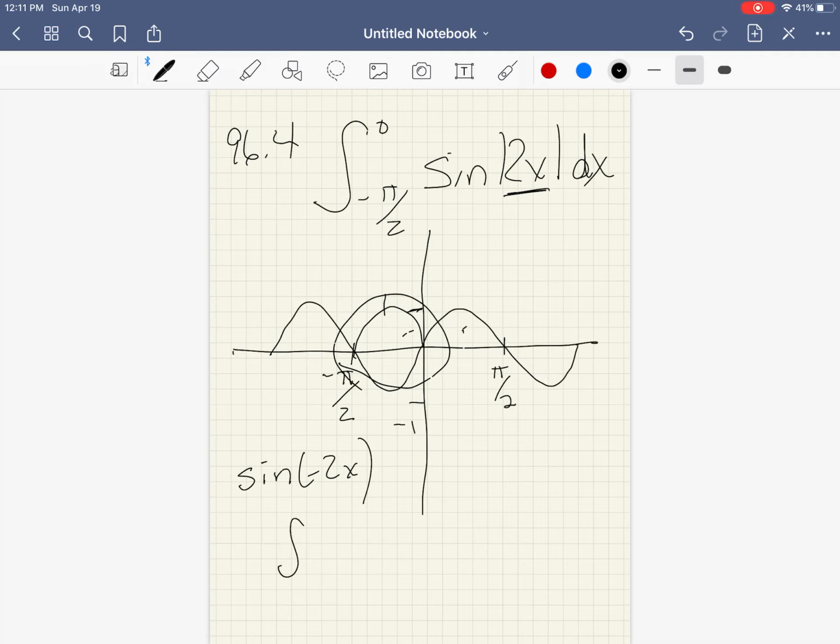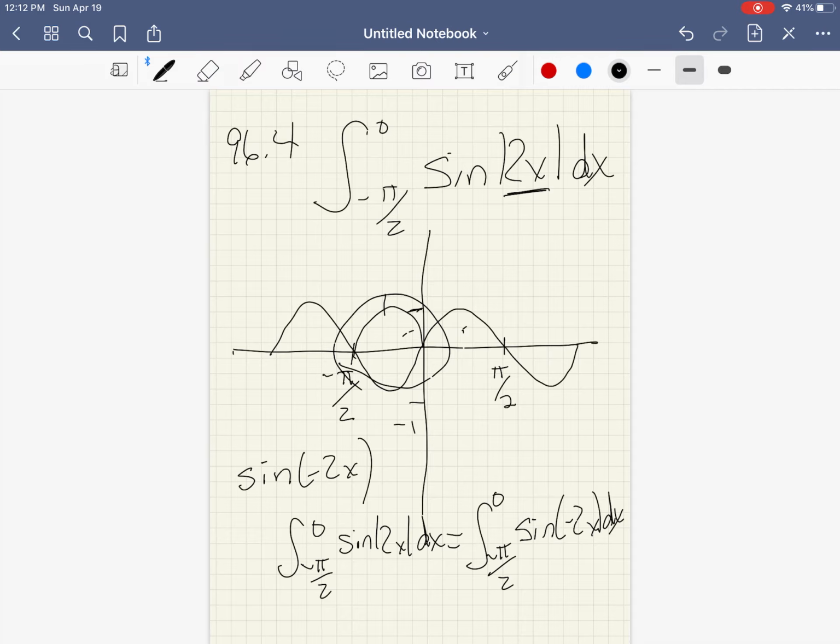So then we're just going to have the integral from -pi/2 to 0 of sine of absolute value of 2x is equal to the integral from -pi/2 to 0 of sine of -2x dx.